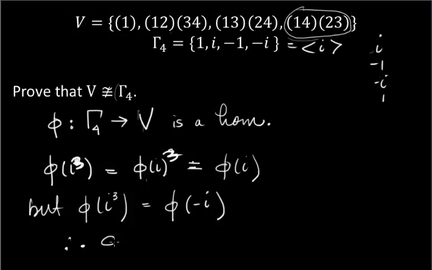So phi is not one-to-one, and we can say that this is true for any homomorphism that maps the fourth roots of unity onto the Klein-4 group: it is not one-to-one. So there does not exist a one-to-one homomorphism, an isomorphism, from the fourth roots of unity to the Klein-4 group. So we can conclude, therefore, they are not isomorphic.